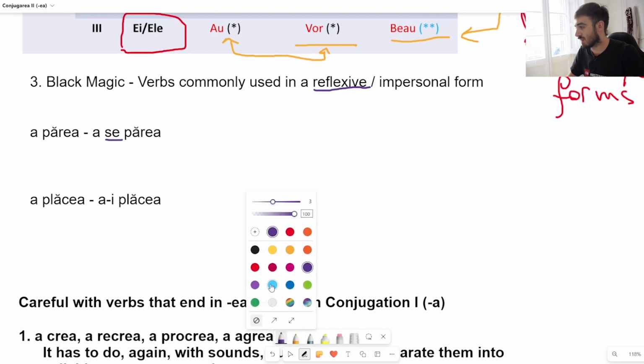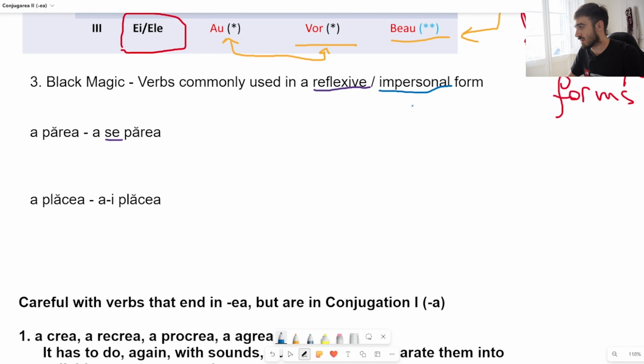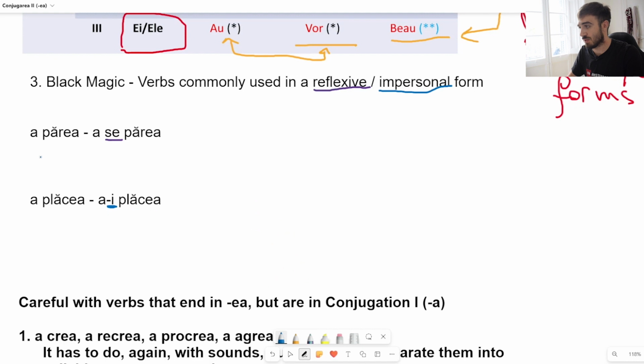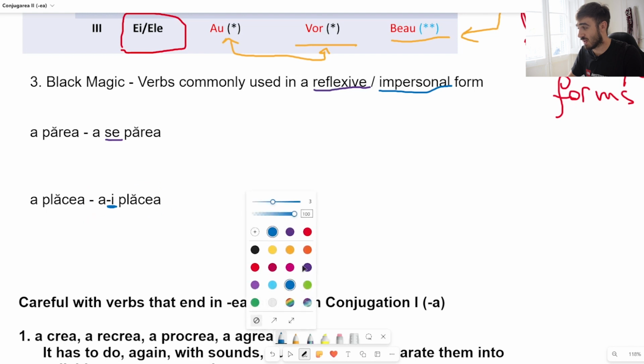Impersonal, a plăcea, this I here. That's what impersonal means. That's how you get the infinitive. Because you have the infinitive as a normal verb, but then you can have the infinitive as a reflexive or impersonal verb. I'm not going to talk too much about that right now.